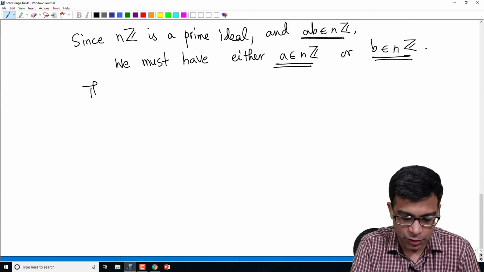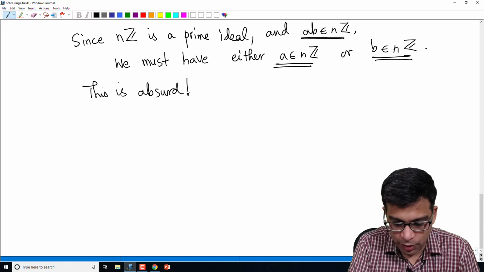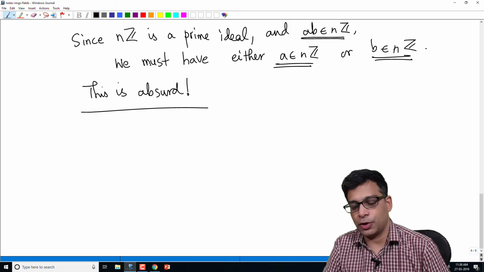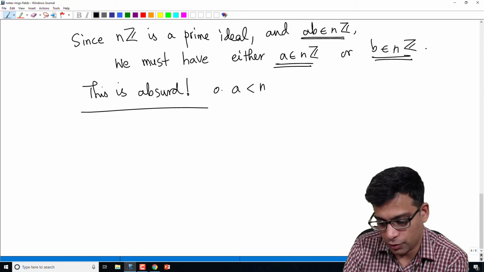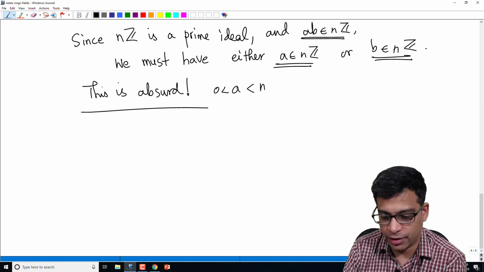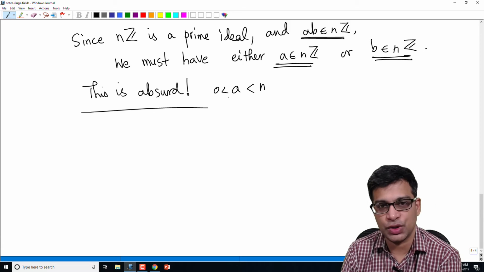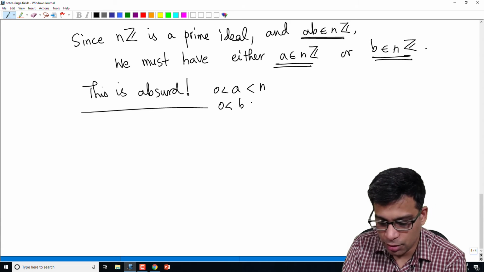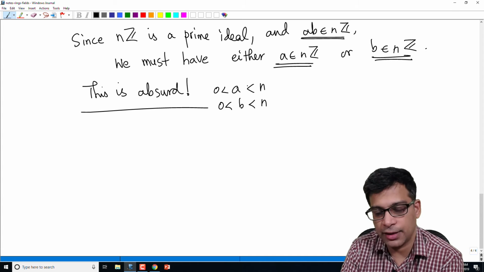But now that's a problem. This is absurd. Why is it absurd? This is absurd because a is strictly less than n and a is of course positive. Because n is a positive integer that's not prime, we can factor n as a product of two positive integers, each less than n.